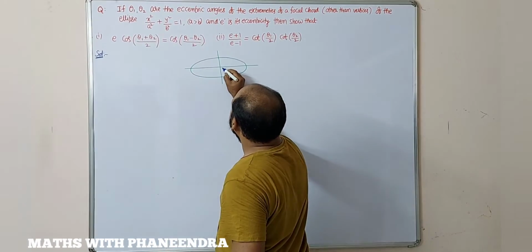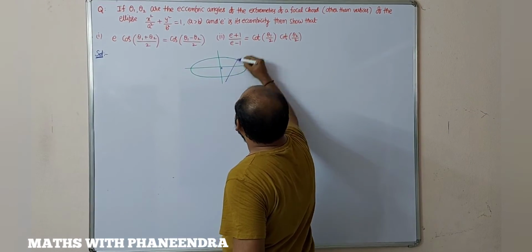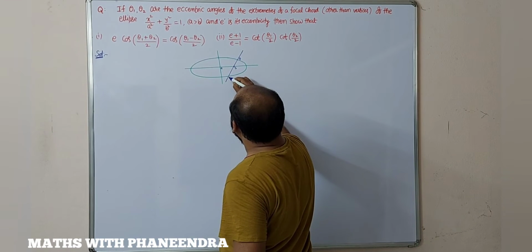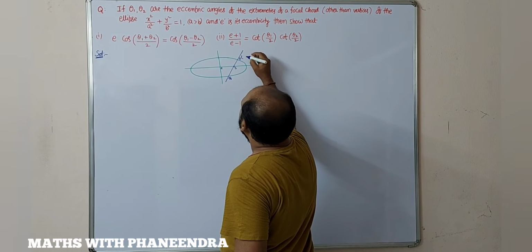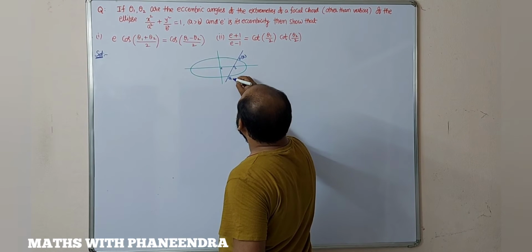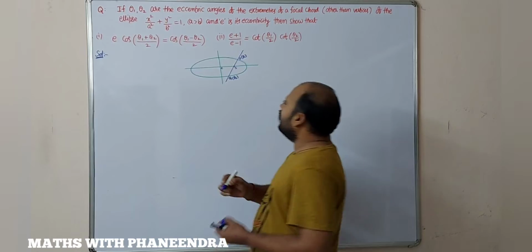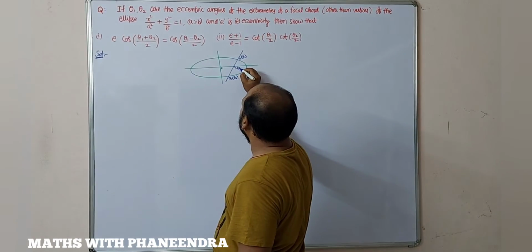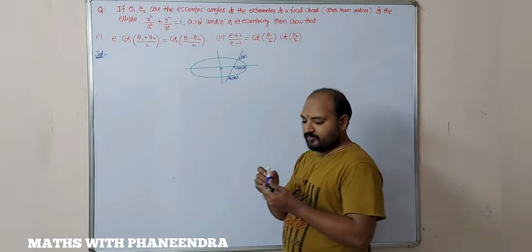Center. This is the focal chord S. This is P. This is Q. P of theta 1, Q of theta 2. Focus coordinates, we know that AE comma 0.